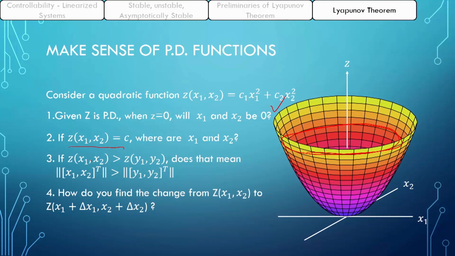Okay, now another key point is if you find that at different times, after a delta x and a delta y, okay, after the state changes from x1 to x1 plus delta x, the z value is no. How do you find the change of this z value? How do you know, given the dynamics?